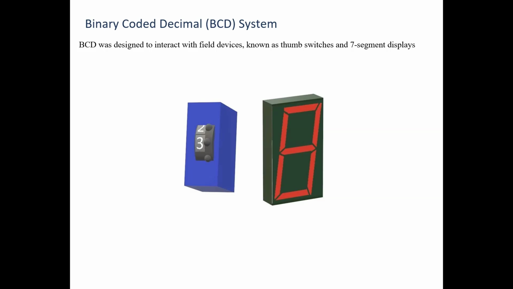Binary coded decimal, known as BCD, is a system that is different from the positional numbering systems we've been looking at so far. BCD was designed to interact with field devices known as thumb switches and 7-segment displays, to input and display decimal numbers, but do it using a binary code.